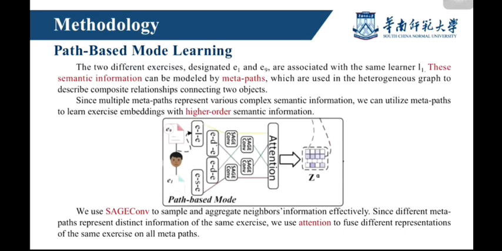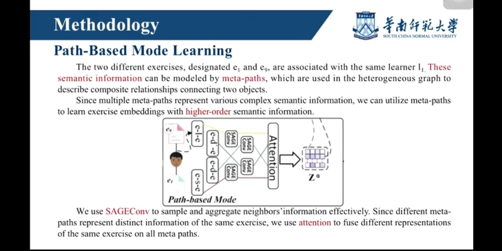There is a lot of semantic information in heterogeneous graphs. For example, the 2 different exercises, designated the first exercise and the ninth exercise, are associated with the same learner. This semantic information can be modeled by meta paths. Since multiple meta paths represent various complex semantic information, we can utilize meta paths to learn exercise embeddings with higher order semantic information.